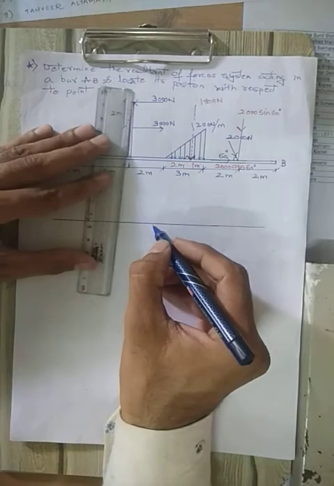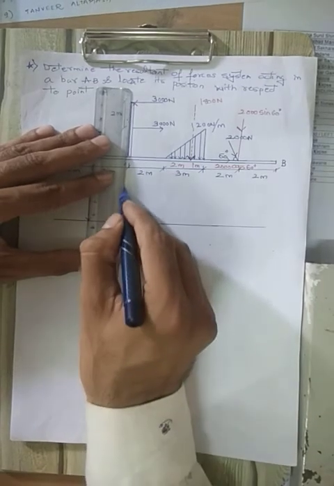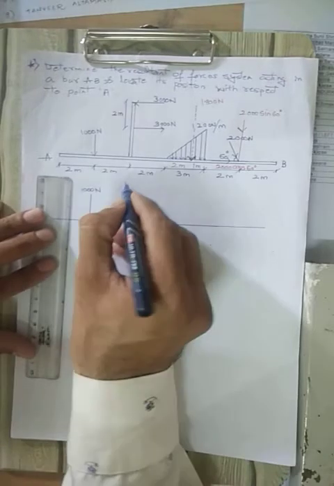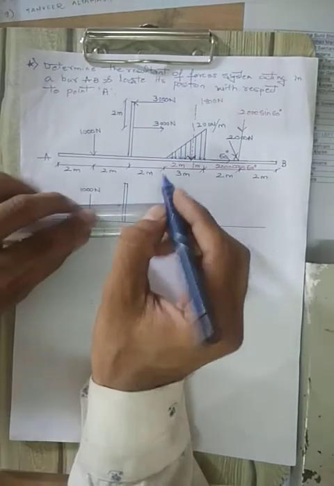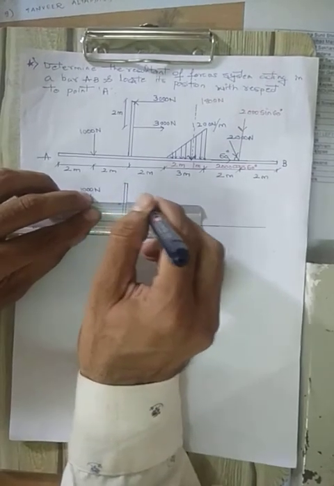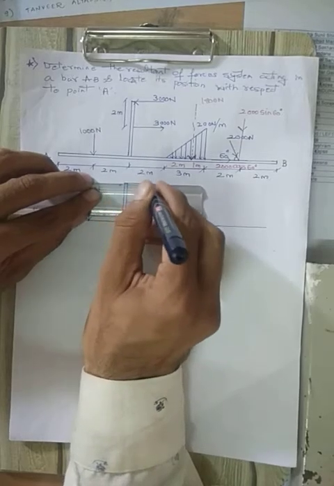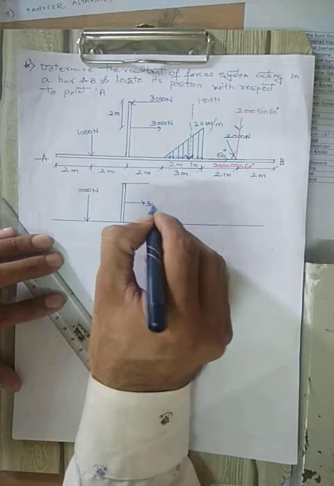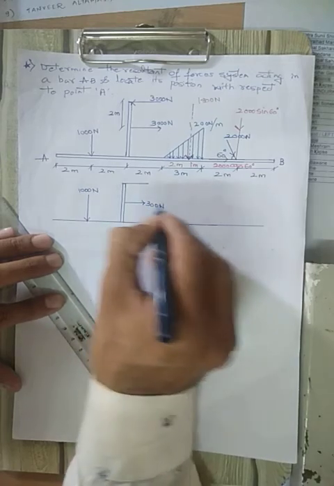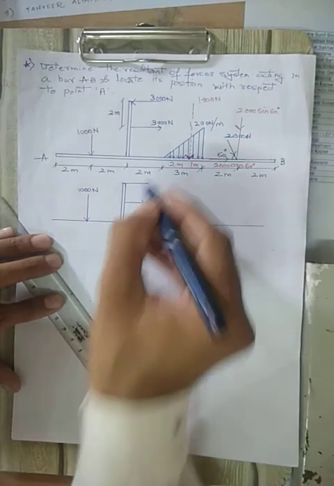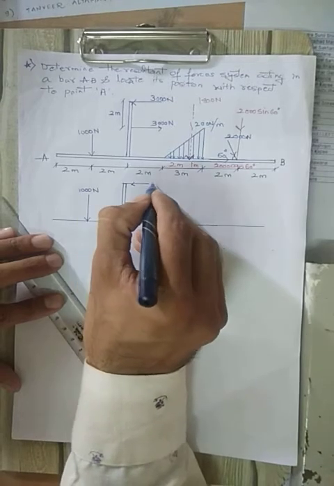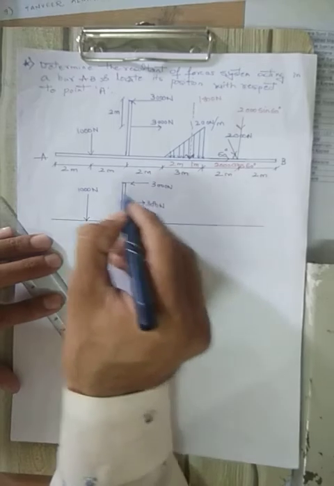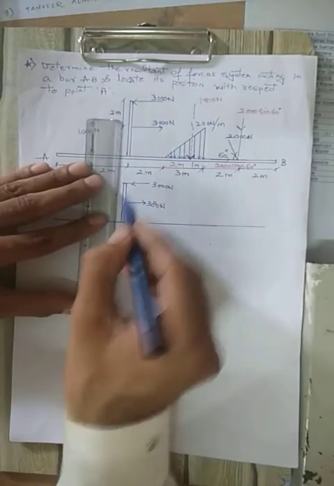This is 3000 newtons, and this is also 3000 newtons, separated by a distance of 2 meters.